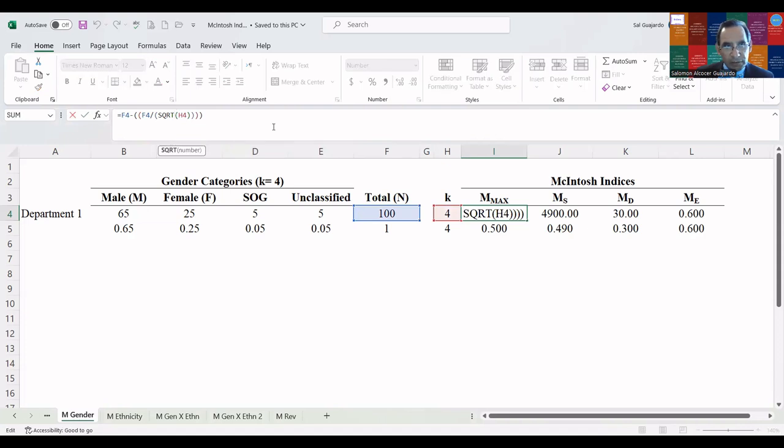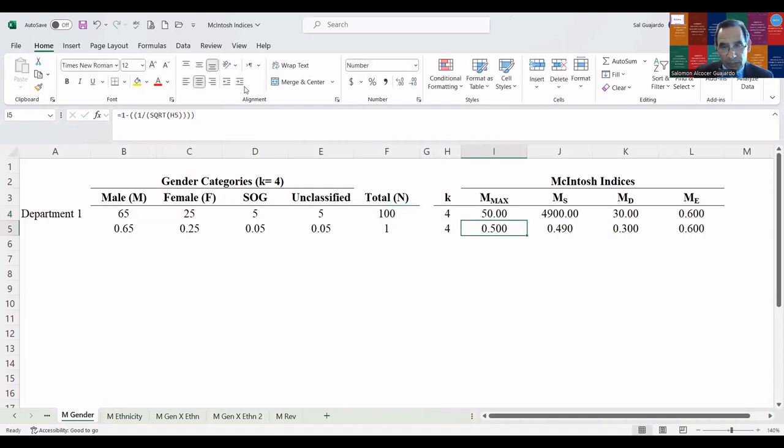Again, that's going to be F4, that's 100, minus, then parentheses, 100 divided by the square root of 4. And so when I use frequencies, that gives me a value of 50. When I use percentages, it's just going to be 1 minus parentheses 1 divided by the square root of 4. Again, this is going to be H5 in terms of the percentages.